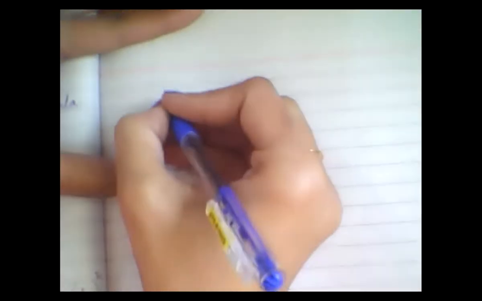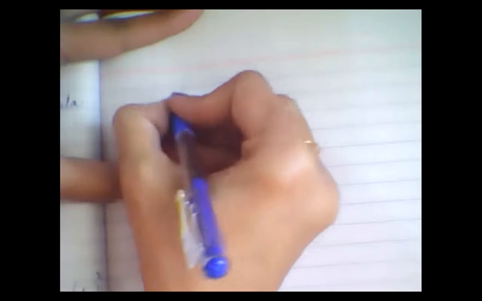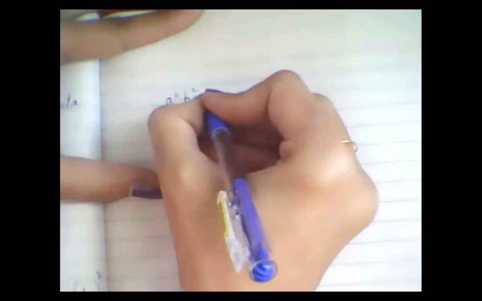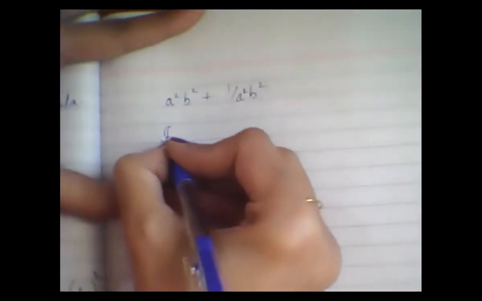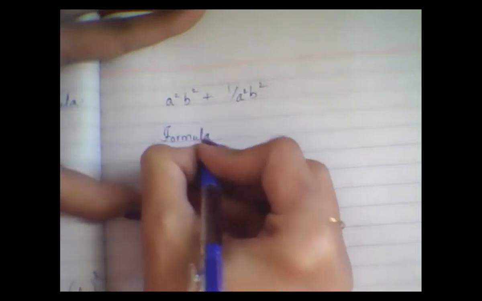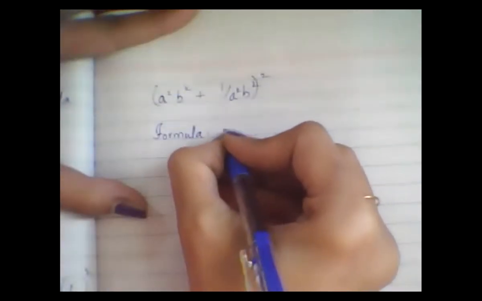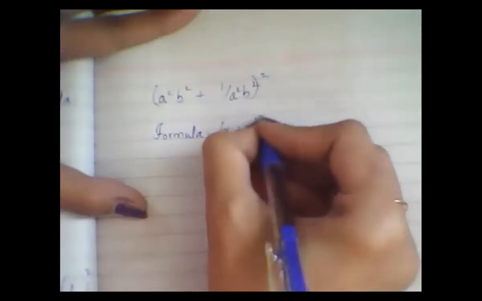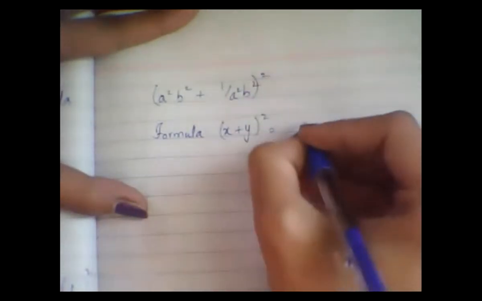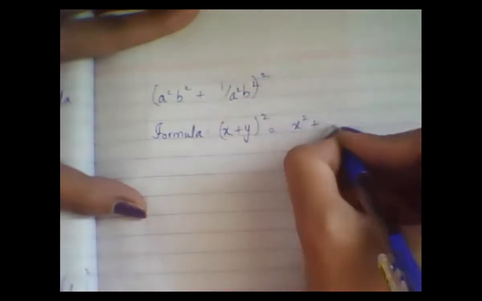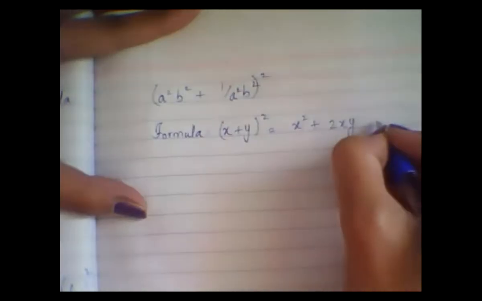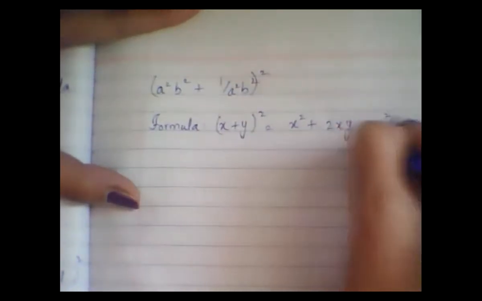Now I'm going to take the question a square b square plus 1 over a square b square, right? Now here which formula is going to be applied? We have to find the square. So here the formula is (x plus y) whole square is equal to x square plus 2xy plus y square.